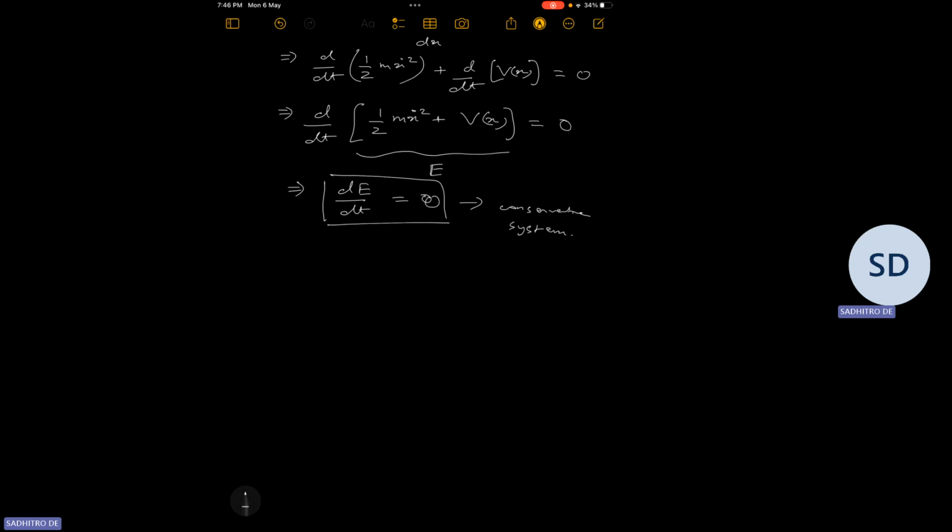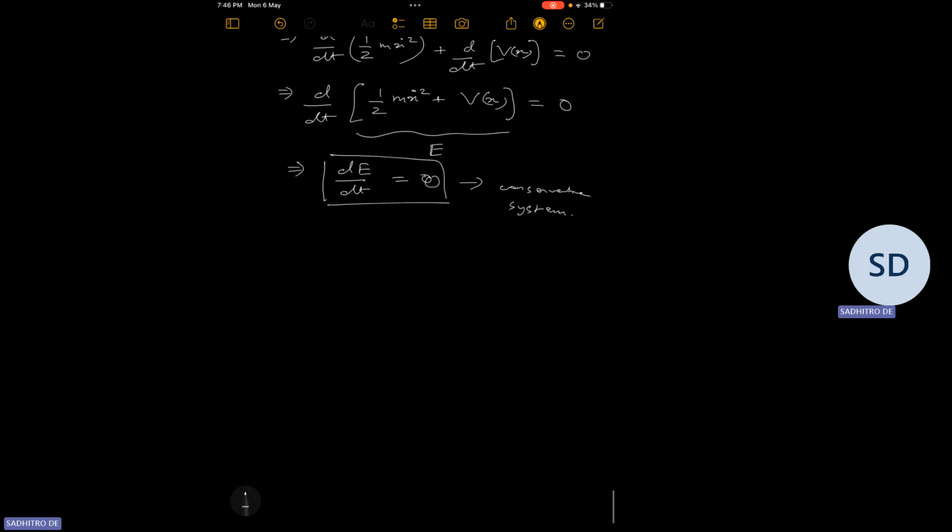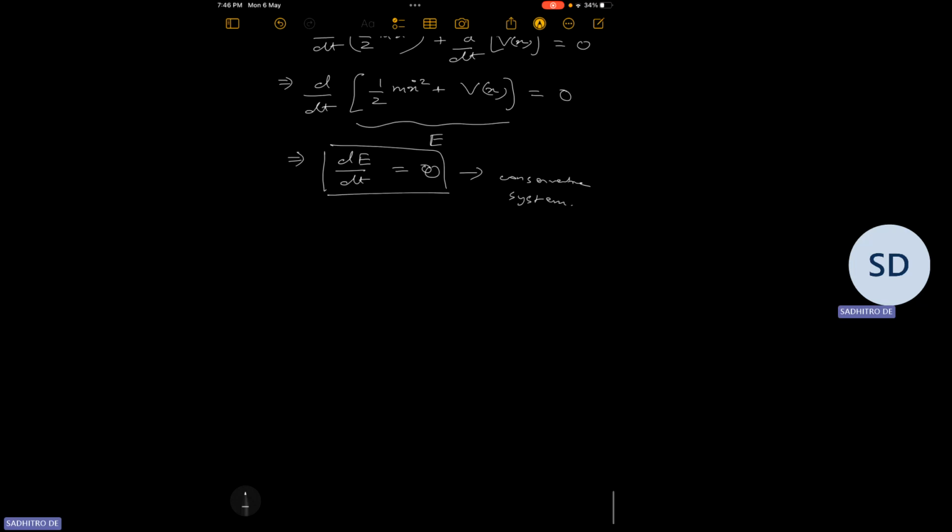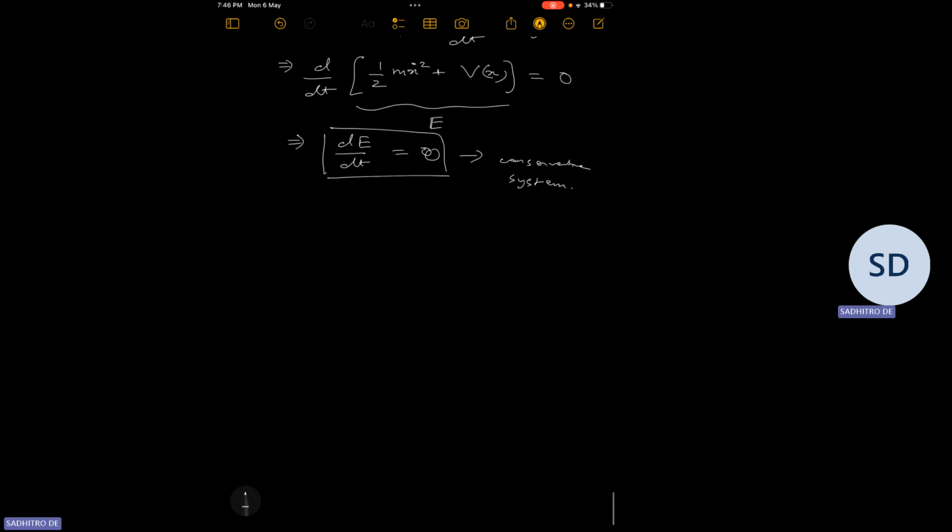So let us take a look at an example of a conservative system and how its trajectories look like.